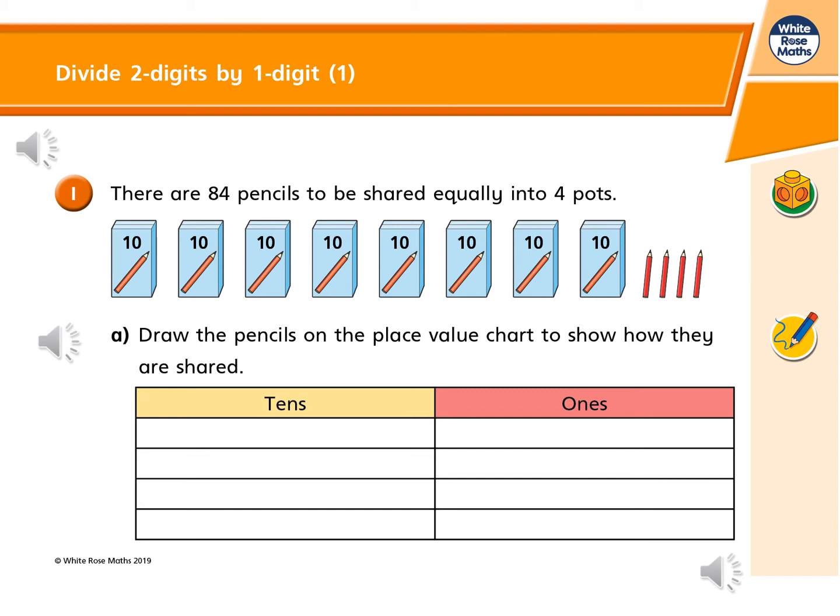Now keep watching because I'm going to show you how I would share these pencils out. I'm going to share out the 8 tens first, and then I'm going to share out the 4 ones.